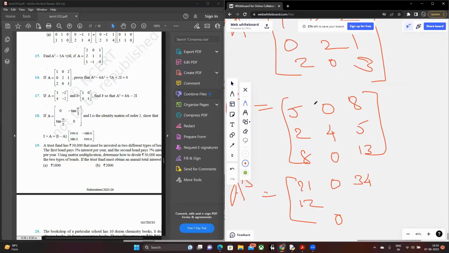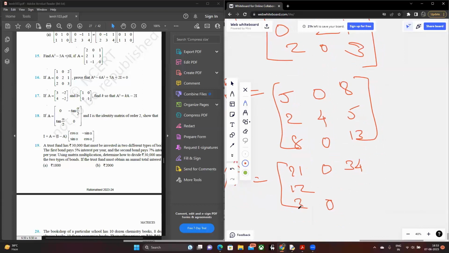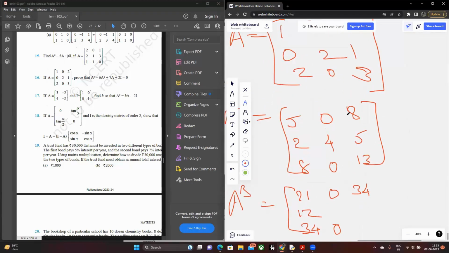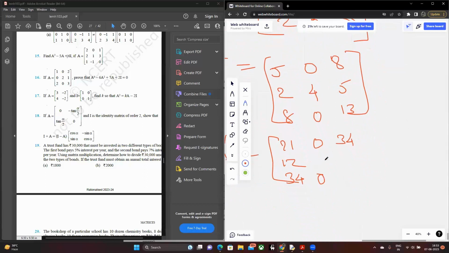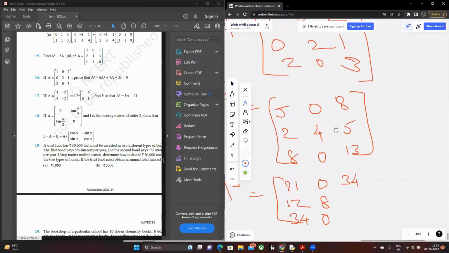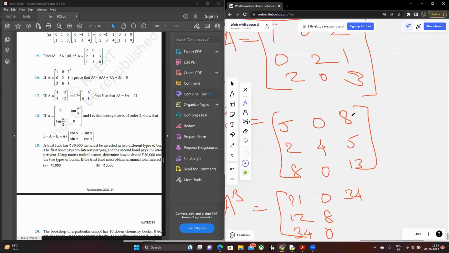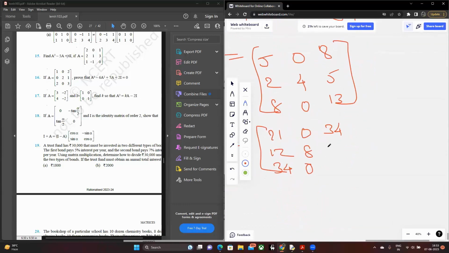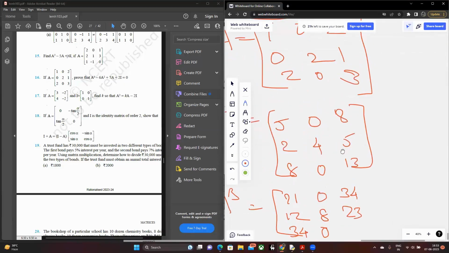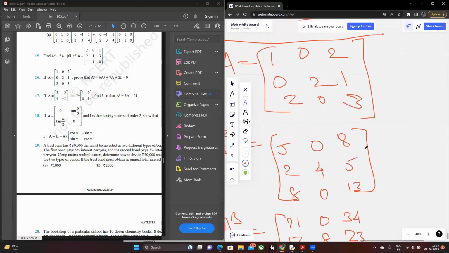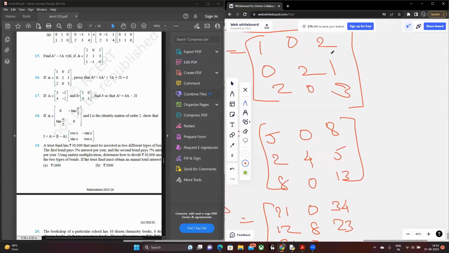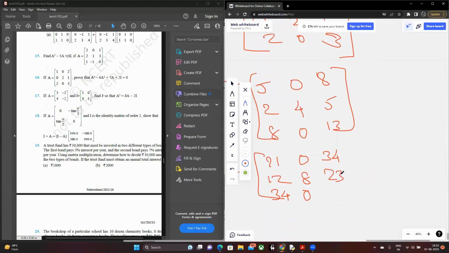Over here is going to be 8 plus 26, that is again 34. Here it is going to be 245 times 020, that is going to be 8. And then you're going to have 2 into 4 plus 4, 8 plus 15, that's going to be 23. Finally, you have 8013 into 213, that is going to be 16 plus 39, that is going to be 55.